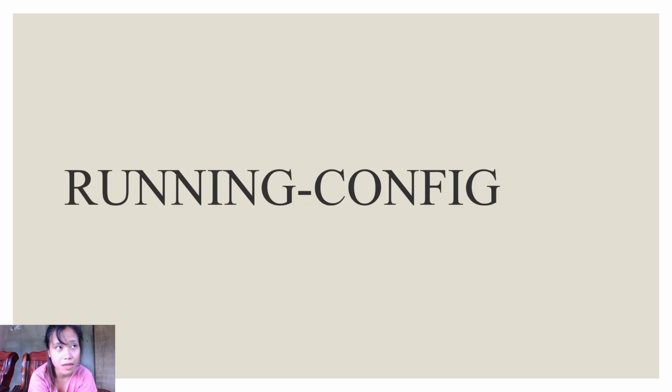RAM is a volatile memory, so it loses all of its content when the device is powered off or restarted. So the startup-config and the running-config are the two system files that store the device configurations.